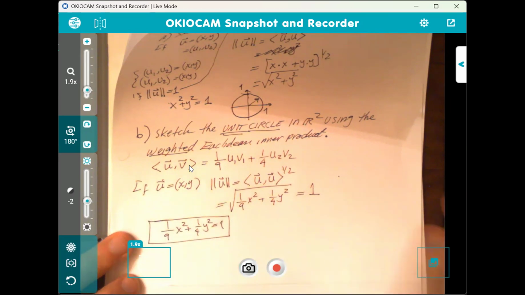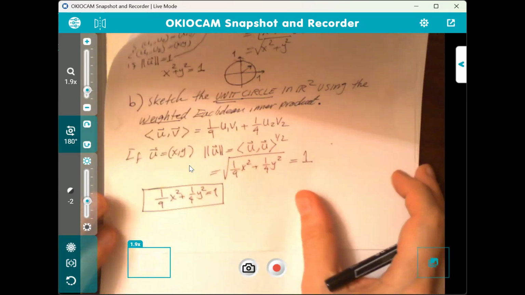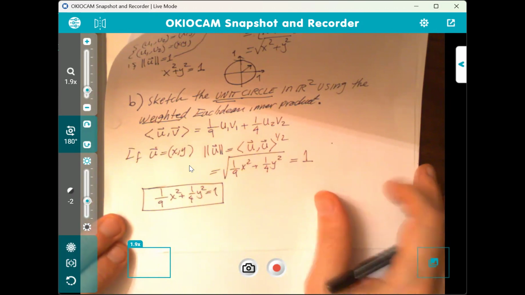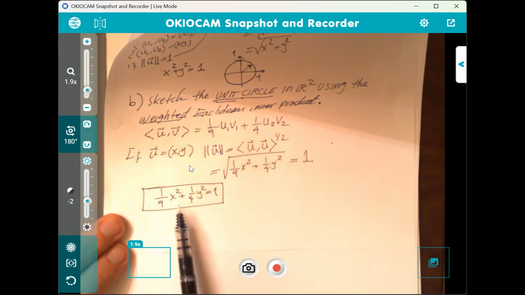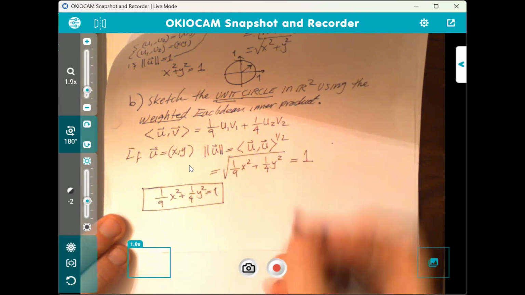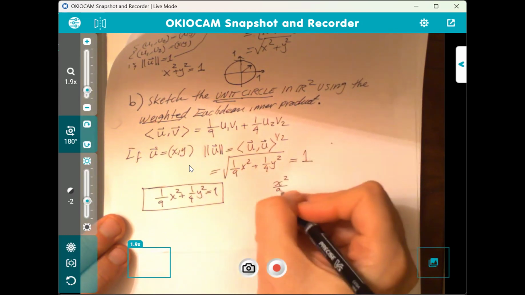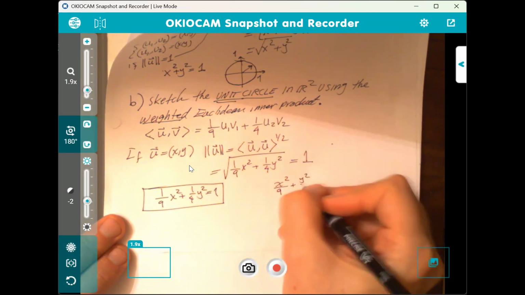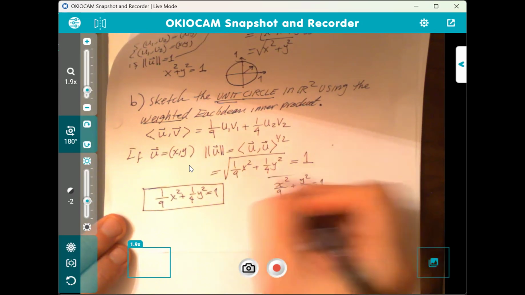Isn't that cool? This is kind of strange, isn't it? Does anyone recognize this equation, by any chance? x squared over 9, let me rewrite it, plus y squared over 4 equals 1. That's what that is.